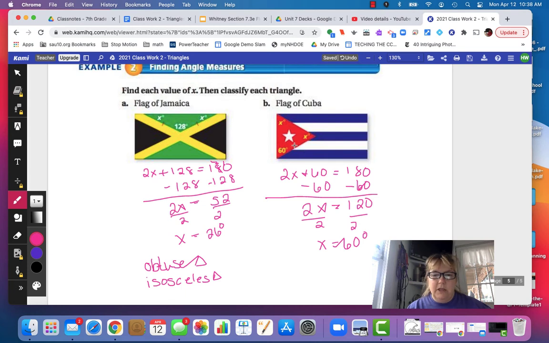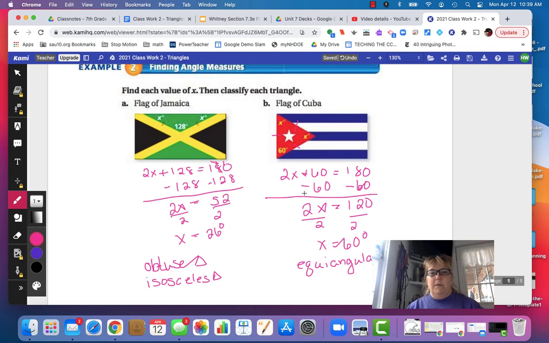It also means that each of these sides are congruent, because if these two angles are the same, then these two sides must measure the same. So it is an equiangular, equilateral triangle.